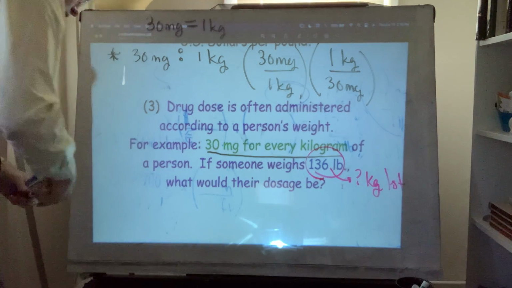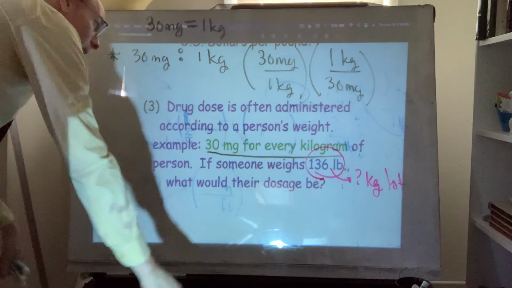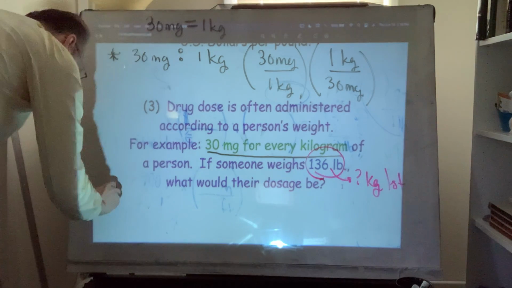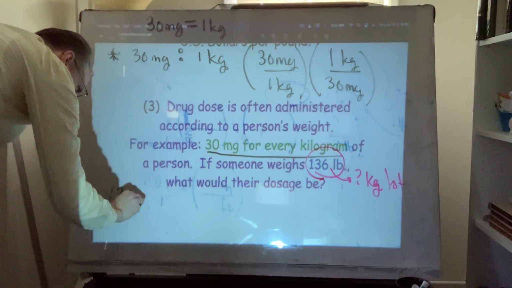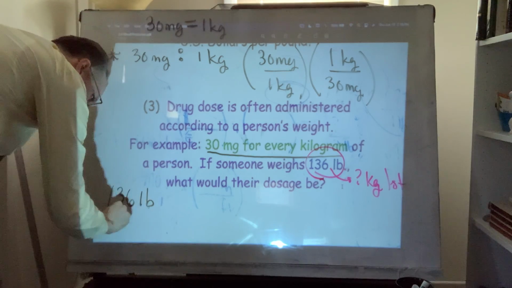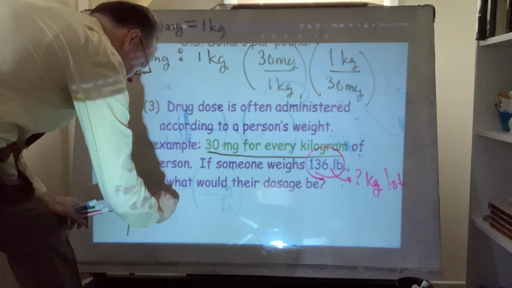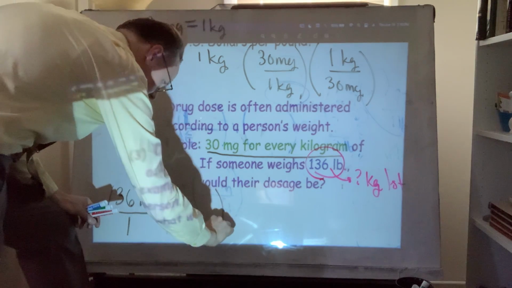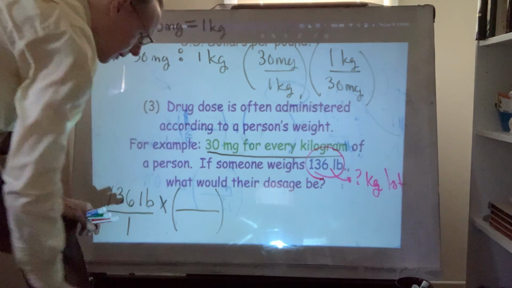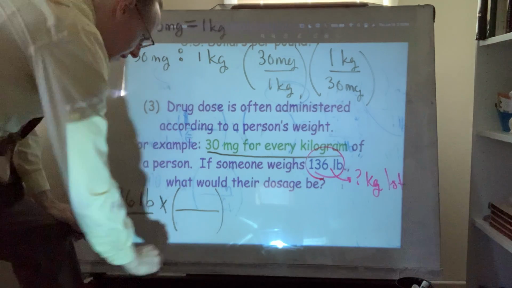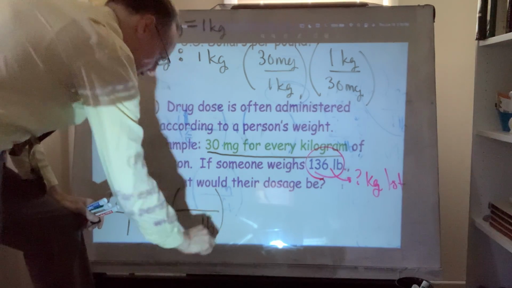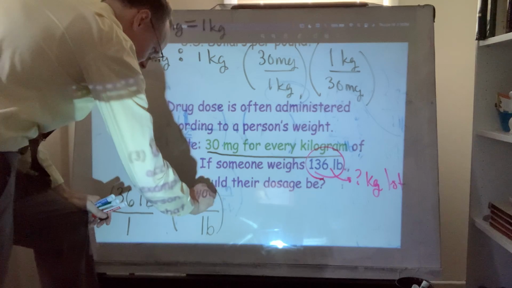If we have 136 pounds, I'm going to disguise it as a fraction, so let's take a 100. And then I'm going to incorporate a conversion factor that is going to eliminate pounds, because what I actually need is kilograms.